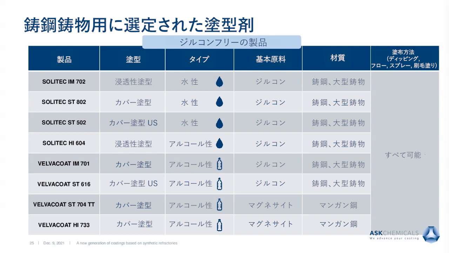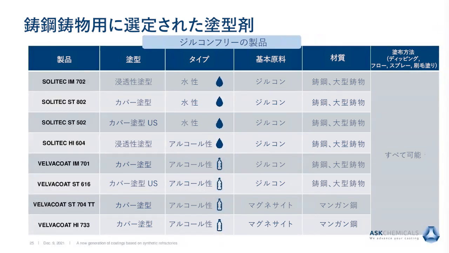And this led to the portfolio we have now as Zircon-free products, which is a Solitec IM702 as impregnation coating, water-based, Solitec ST802 as cover coating, ST502 as we have already seen as cover coating from the US.